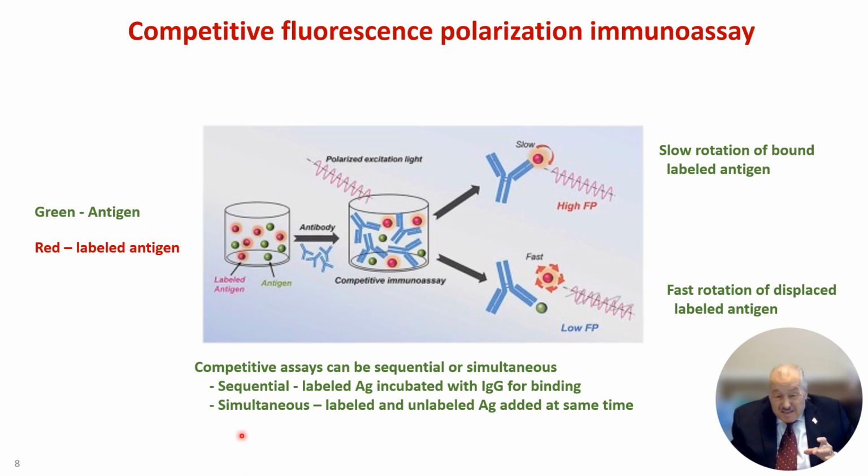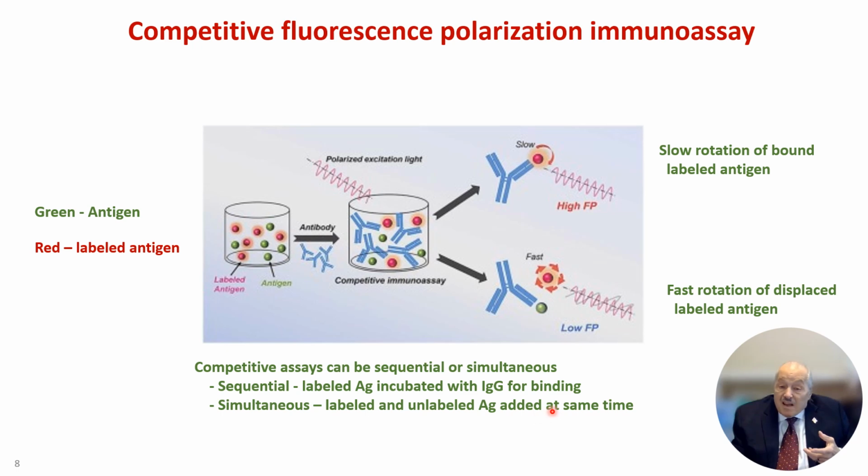What might make this simpler to understand is that the mixing of the reagents can be sequential or simultaneous. So don't worry about that right now. You add antibody against your antigen to this solution. Some of the antibody binds to the labeled antigen, and that gives you a high polarization. Some of the unlabeled antigen binds to the antibody, and that displaces the labeled one, and the polarization drops.